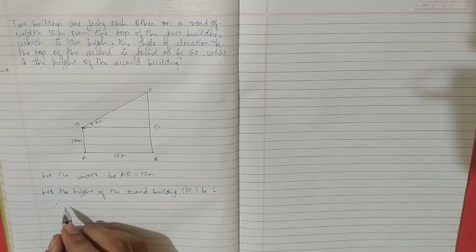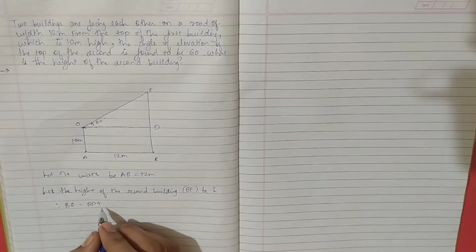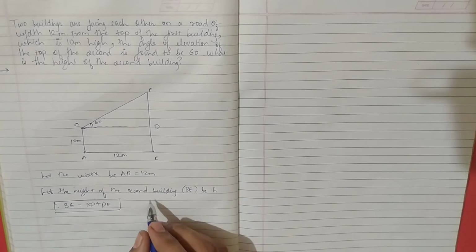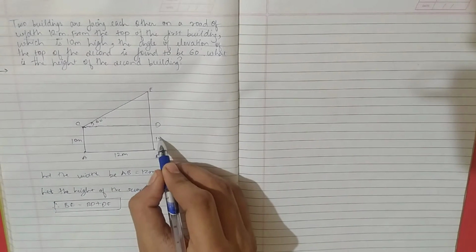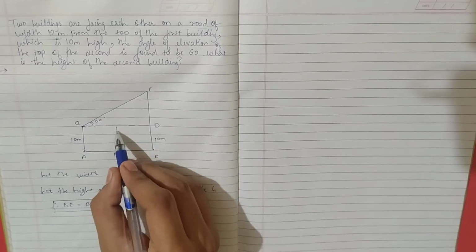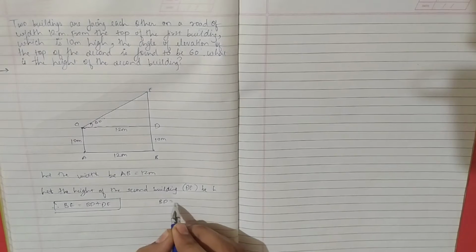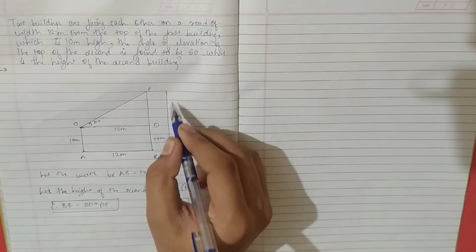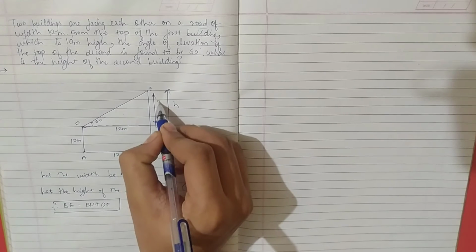So therefore H will be BD plus DE, and we know that the height will be the same till BD. So this will be 10 meter. The width will not change. Therefore CD will be 12 meters. Therefore BD will be equal to 10 meter. So for finding the height H, first we have to find DE. So let DE be X.